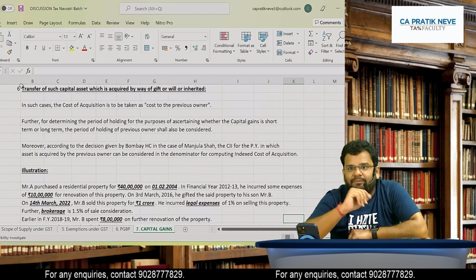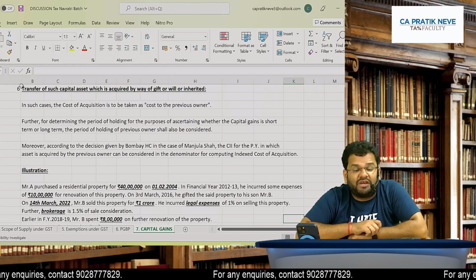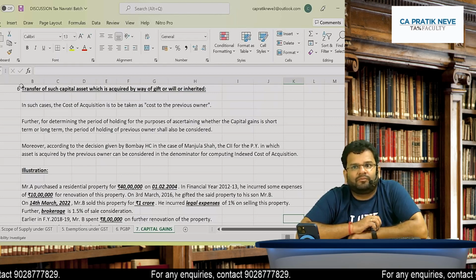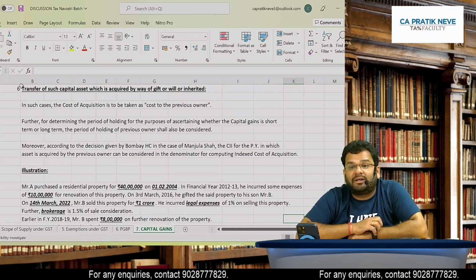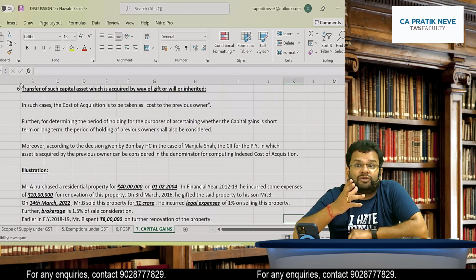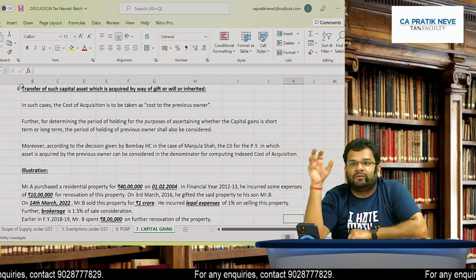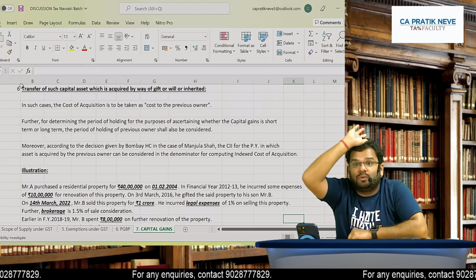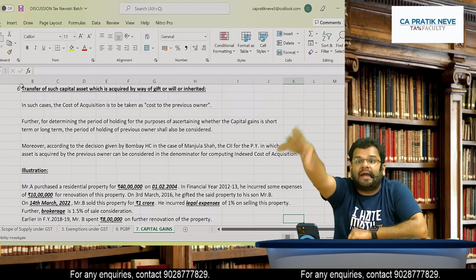But अब देखो, transfer of such assets which is acquired by way of gift or will or inheritance. Now in this case, actually whatever asset Aditya got from his grandfather or great grandfather, the great grandfather had written in his will that Aditya will get so and so land.